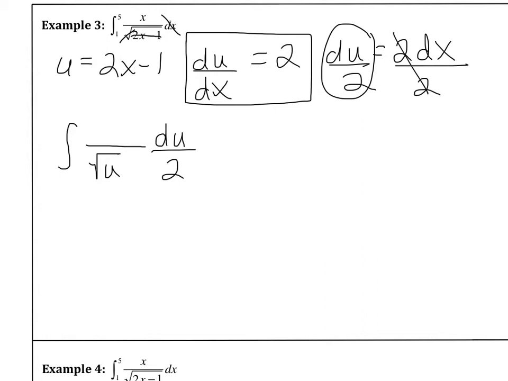Now x. Remember from the last video, when we don't see that function derivative pattern, we can just go back to our definition of u right here and manipulate that until we get what we want. Adding 1 to both sides will give us u plus 1 equals 2x.